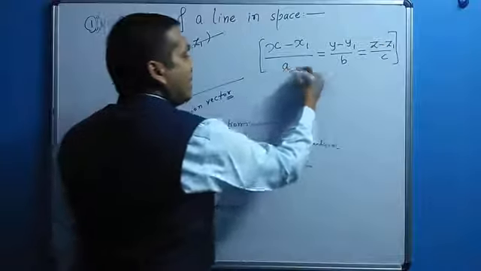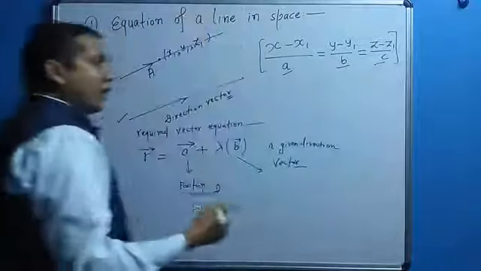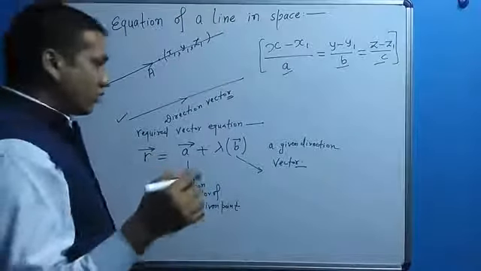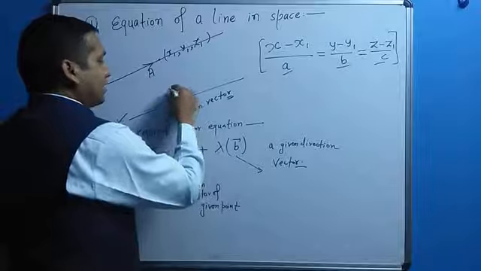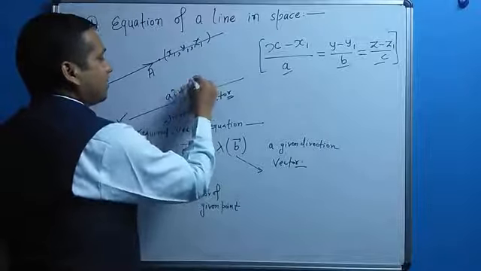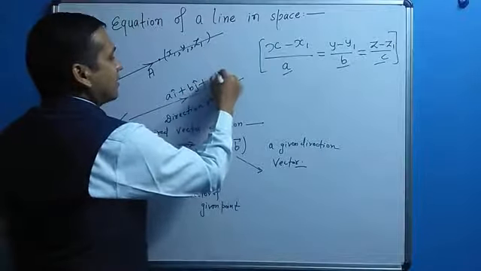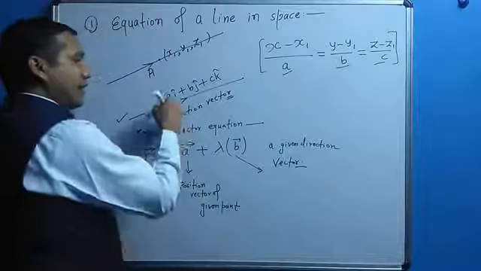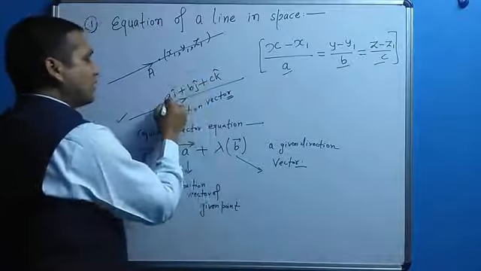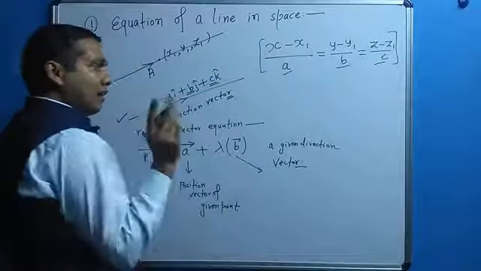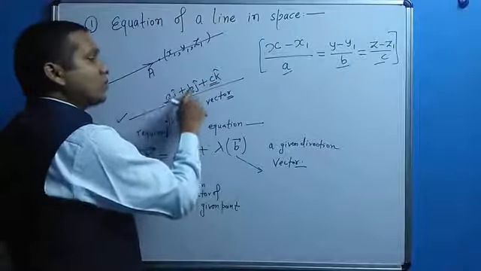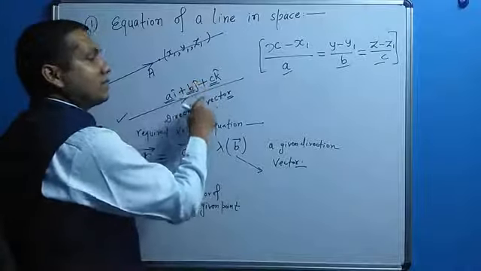Here a, b, c are direction ratios of the direction vector. The vector equation of the direction vector is ai plus bj plus ck. So here you can see a, b and c are direction ratios of this given direction vector.